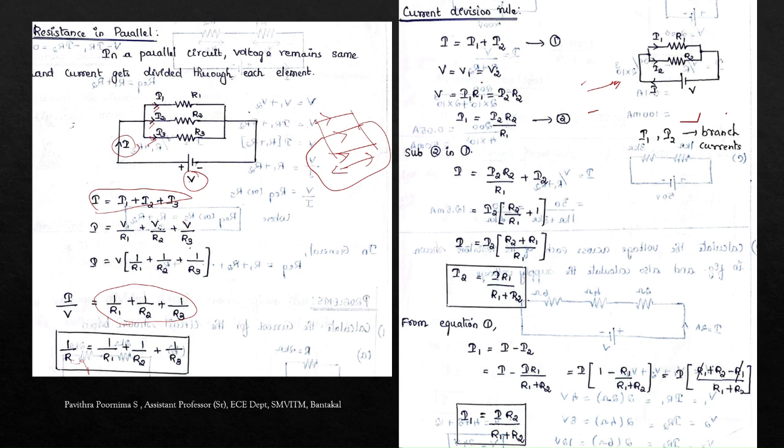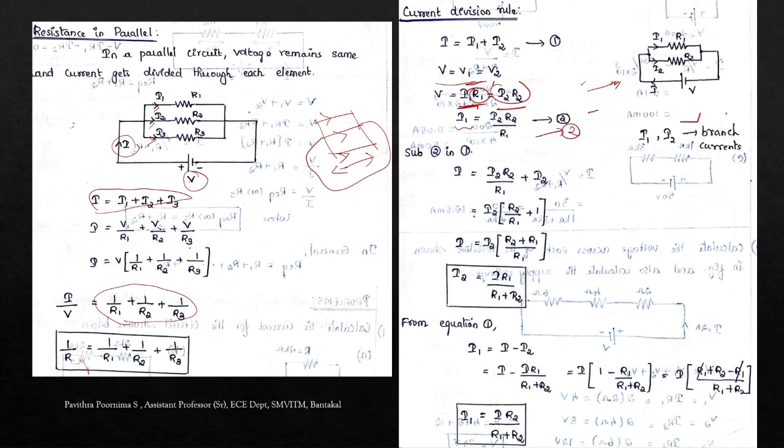The total current I equals I1 plus I2, and the voltage is the same across R1 and R2. So we can write V equals V1 equals V2, and according to Ohm's law, V1 is I1 R1 and V2 is I2 R2. So we can write I1 as I2 R2 divided by R1.